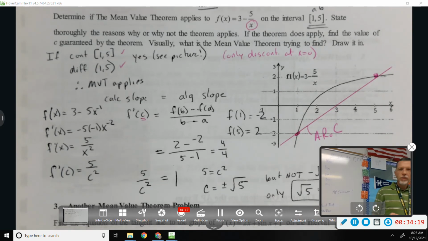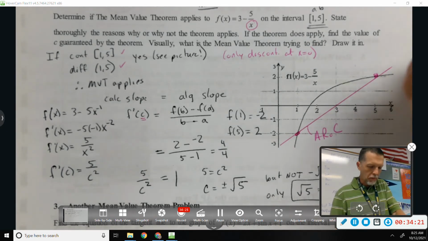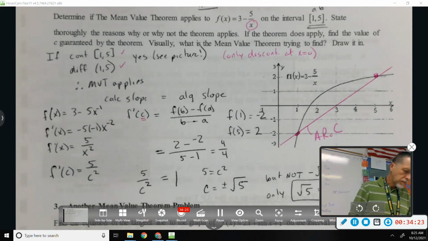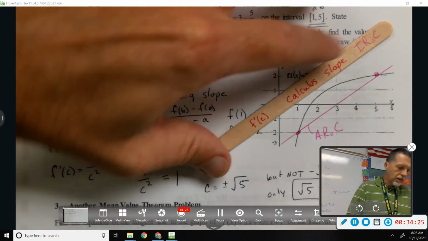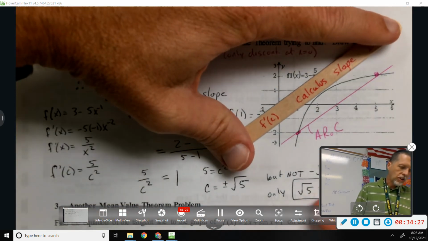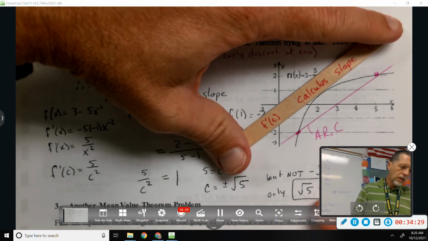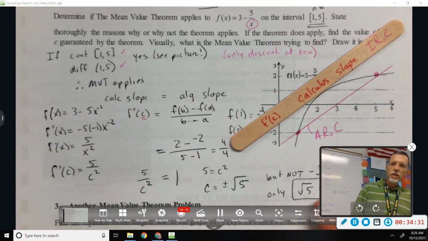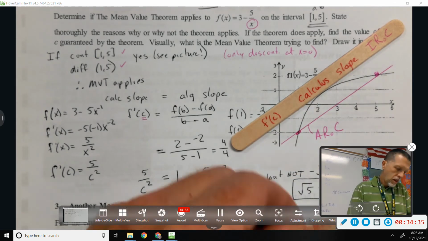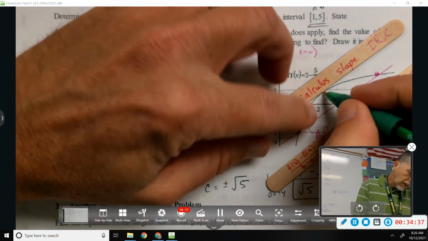Let's see, square root of 5 would be like 2.2 something. Or we could check it visually. Locate the spot where the calculus slope equals the algebra slope. And where that is, is the square root of 5.